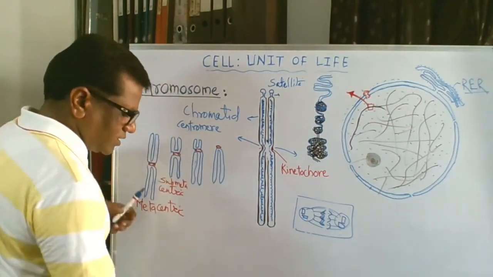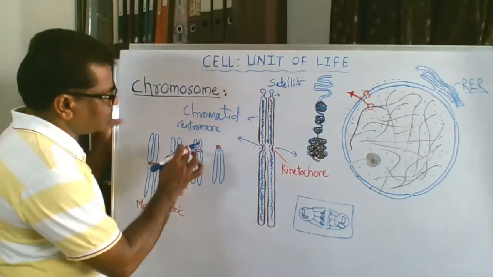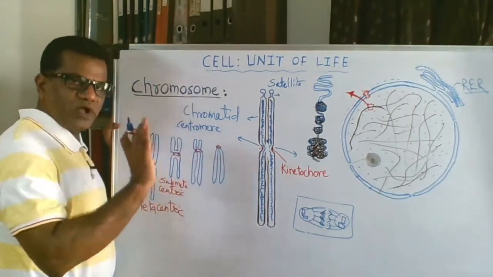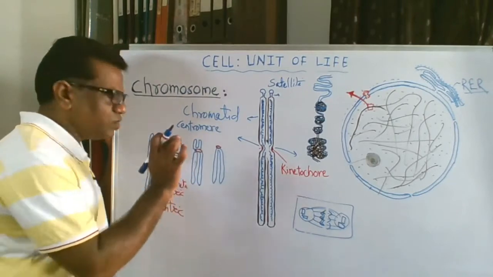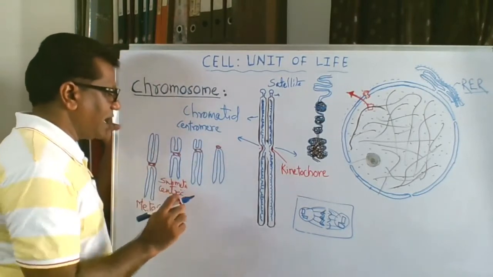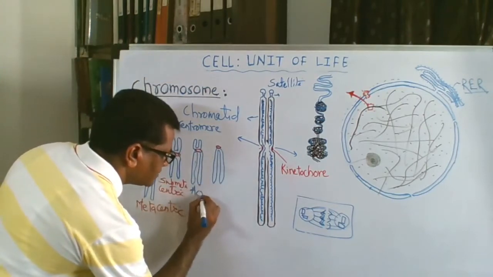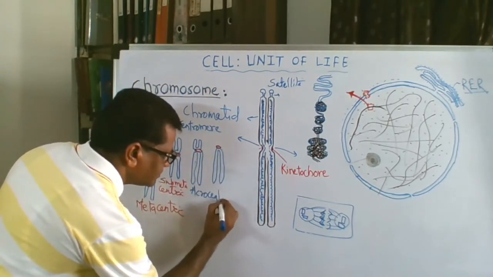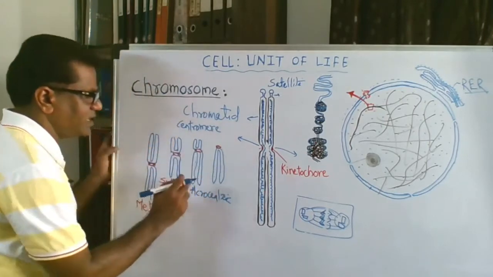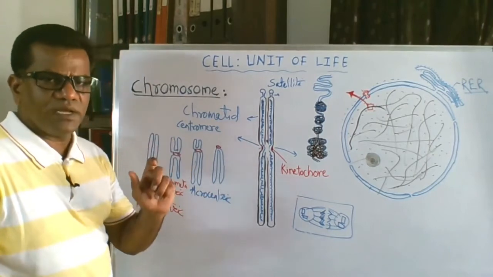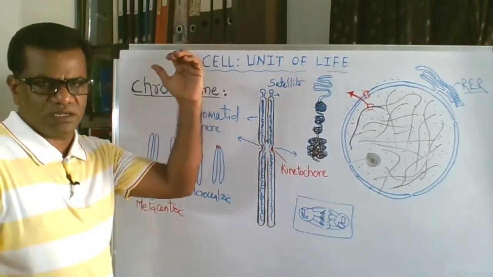Now this is the third type, where this is the end and the centromere is towards one end, not exactly at the end but towards one end, and this is called acrocentric. In an acrocentric chromosome, the centromere is towards one end.